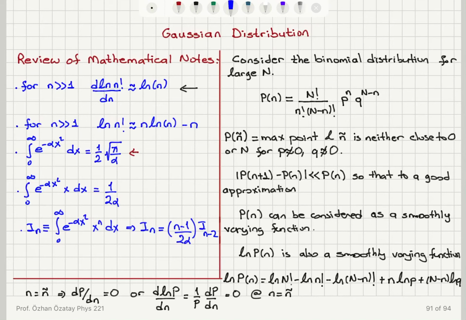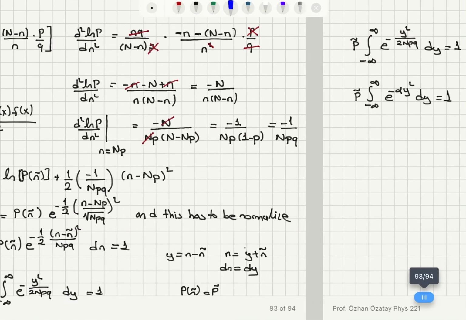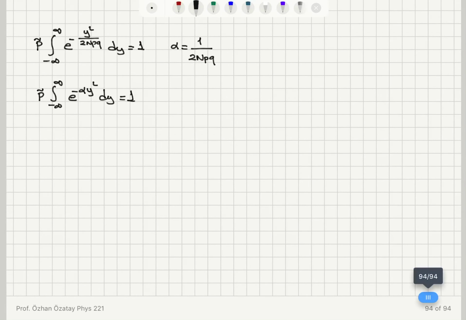So this implies from symmetry that I can also calculate the integral from minus infinity to plus infinity of e to the minus alpha x squared dx. That will be just square root pi over alpha. It will be twice the integral from 0 to infinity. So I use this result here.